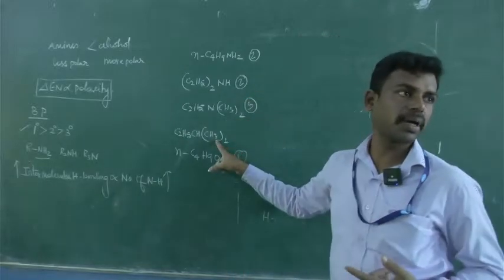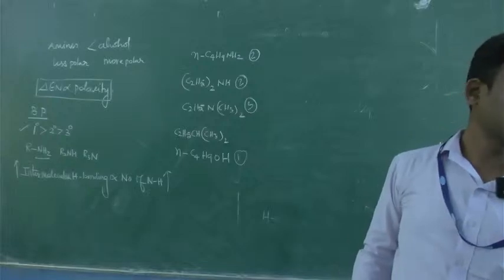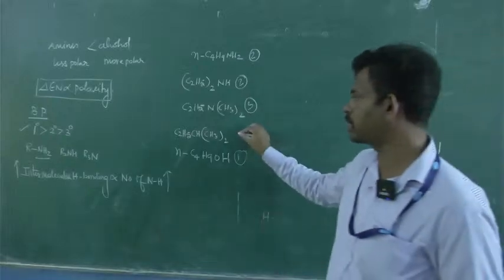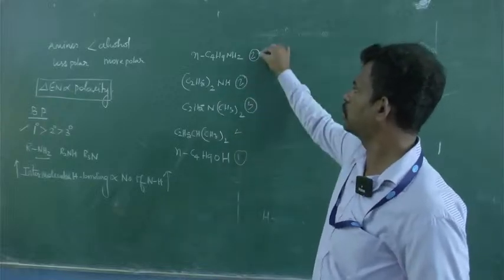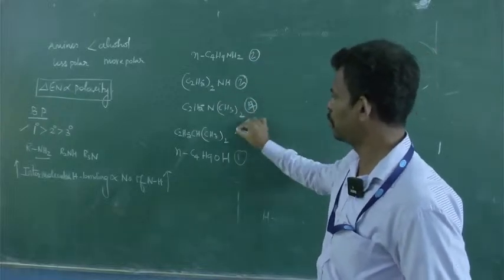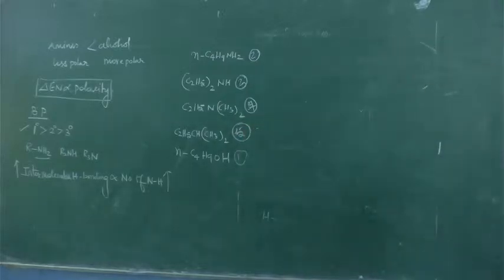This is a hydrocarbon. In the hydrocarbon there is no OH, no NH, so no hydrogen bond here. So it has the least boiling point. So this is going to be the 4th. This is 1, 2, 3, 4, 5. If they ask you to arrange, you should be able to arrange.